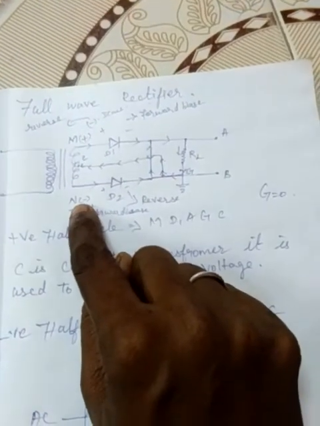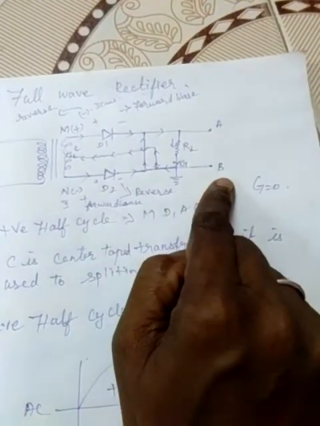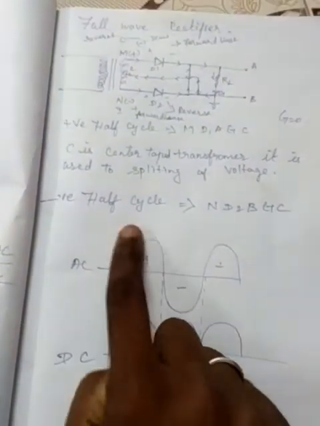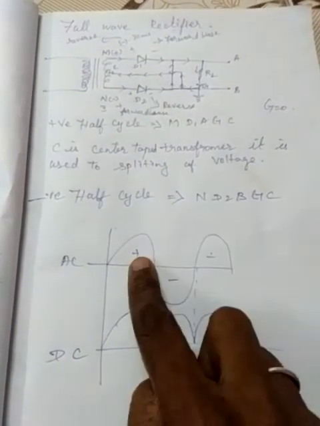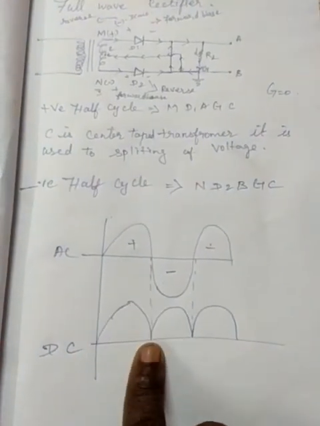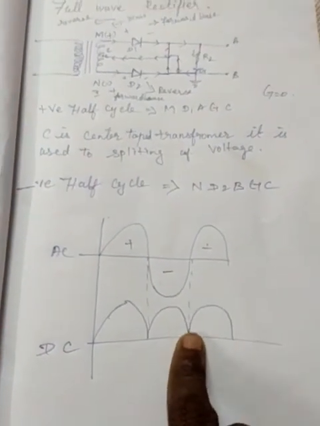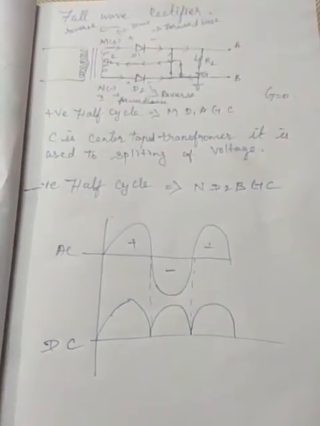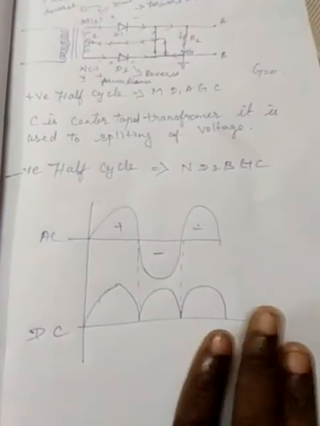So next N, D2, B, ground, C. Okay. So this is the cycle. So next you see the graph, the crest and trough, it goes plus, minus, plus. In DC what happens, the positive current goes, the negative goes, the positive goes to the other. This side coming only here, continuity, it keeps on moving, okay.